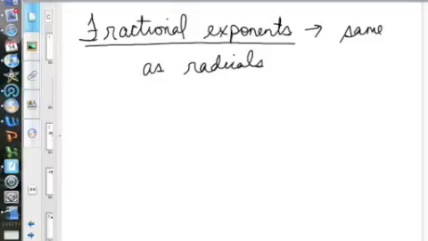fractional exponents. Remember, fractional exponents are the same as radicals. We have x to the 2/3 power.